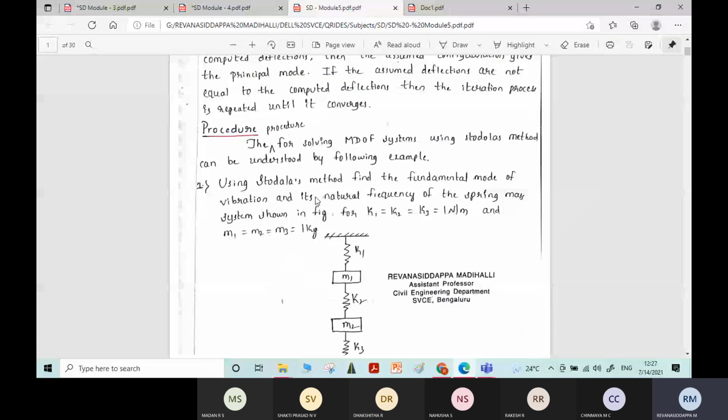In this module 5, if you prepare problems on Stodola's method, and if you prepare those two derivations, definitely you will get one full question.